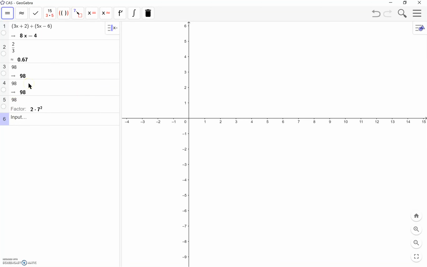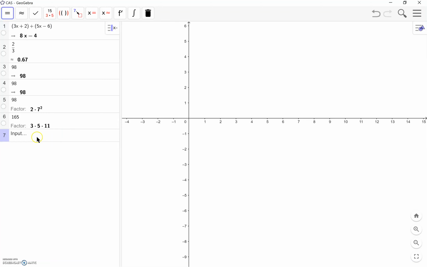Factor. Okay, there we go. So we've got our 98 typed in, we hit the tool to factor, and it's going to tell us what our prime factors are. We can do this for any number that we want. It's going to break it down to that prime factorization. This can be nice for finding least common multiples of two numbers, greatest common factors, and other things like that.